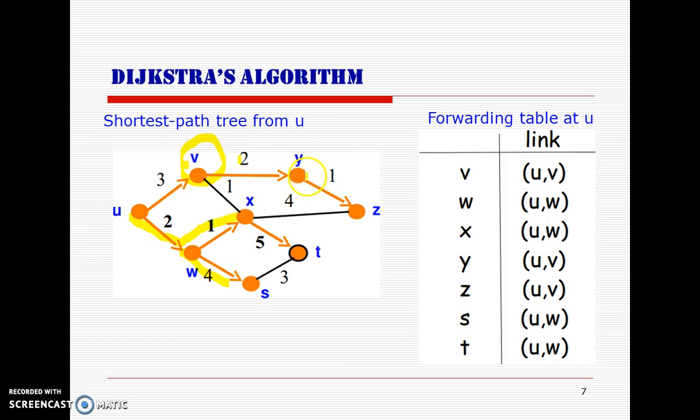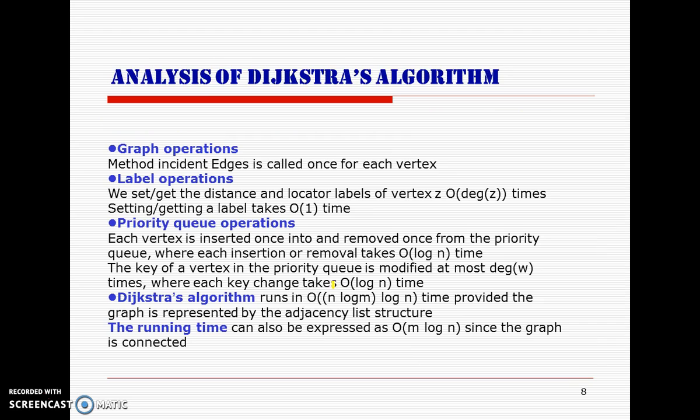From Y there is only one path to Z, which is equal to 1. So from V the link will be U comma V. From W it is U comma W, and from X we get U comma W. Y is also U comma V, Z is U comma V, S is U comma W, and T is U comma W. This is the shortest path tree from the graph.